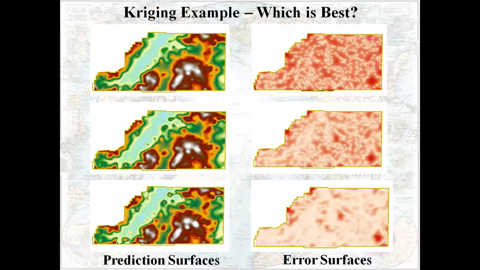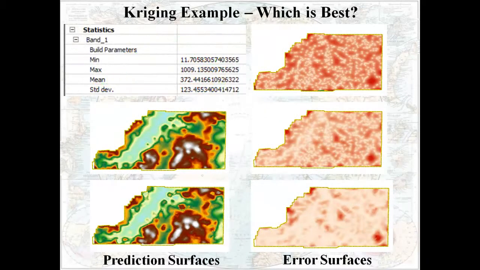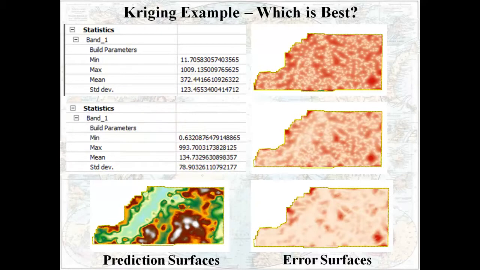You can get numerical estimates of the errors. So the first one we got, the estimated mean error is 372 meters. When we did the transformation and the detrending, our mean error goes from 372 meters down to 134 meters.